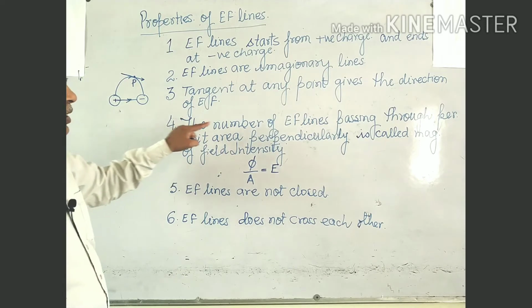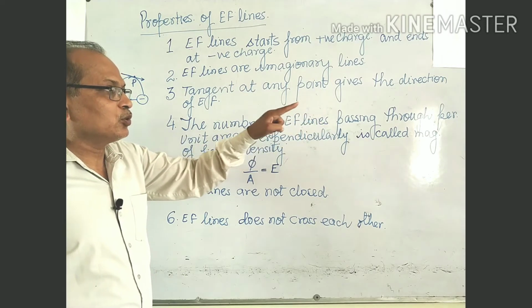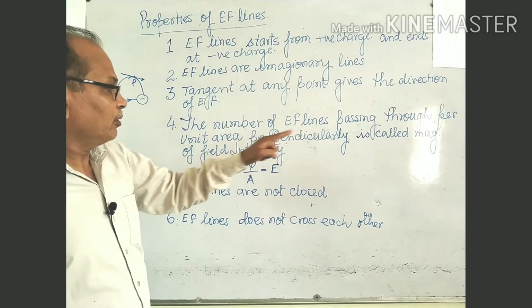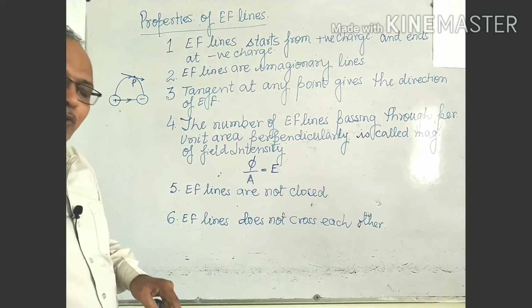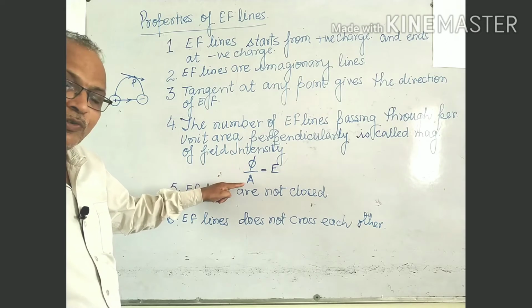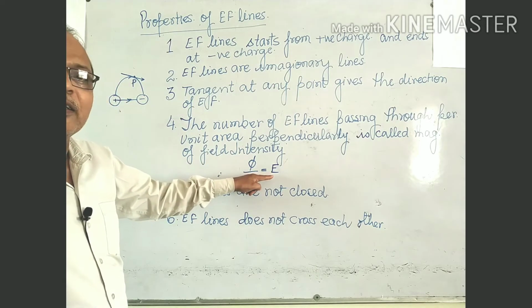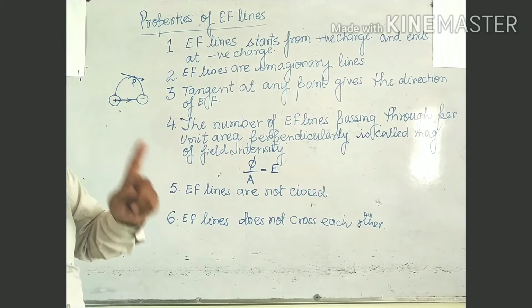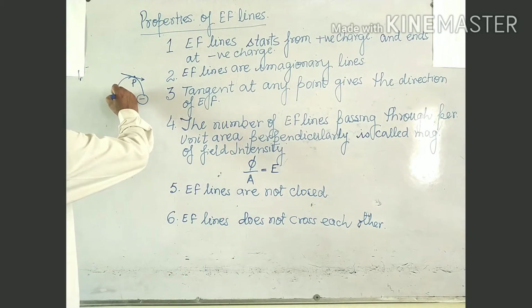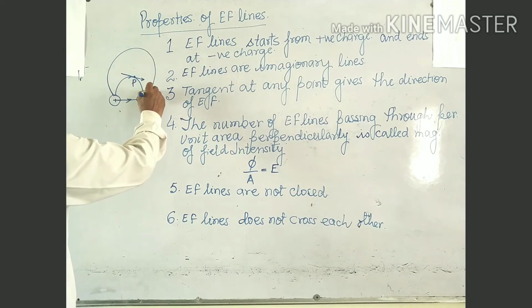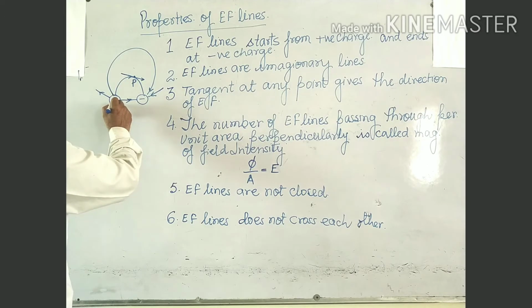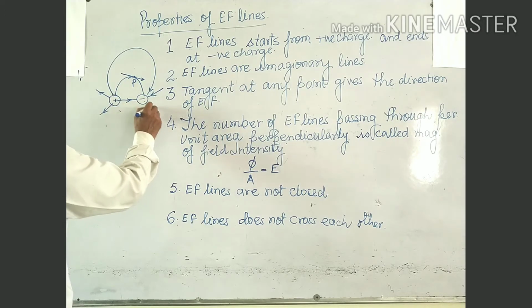Fourth point, the number of electric field lines passing per unit area perpendicularly is called the electric field intensity at that point. Remember, the lines must pass perpendicularly.